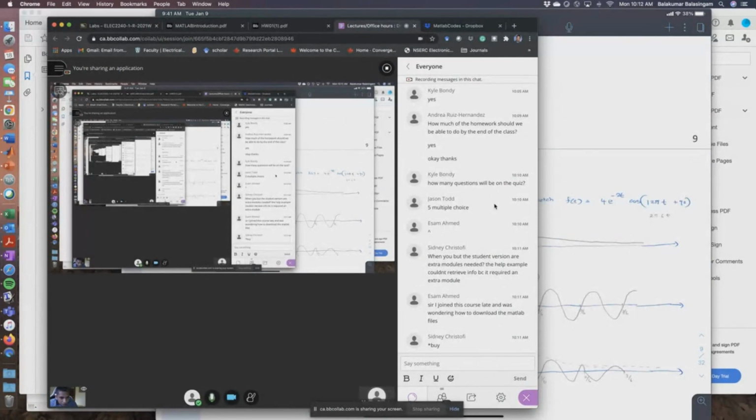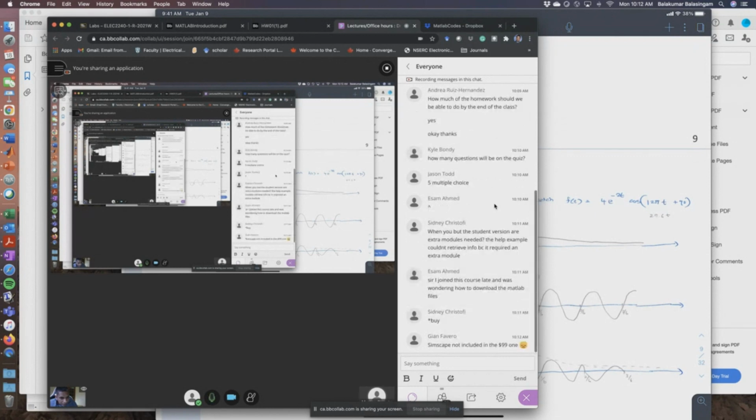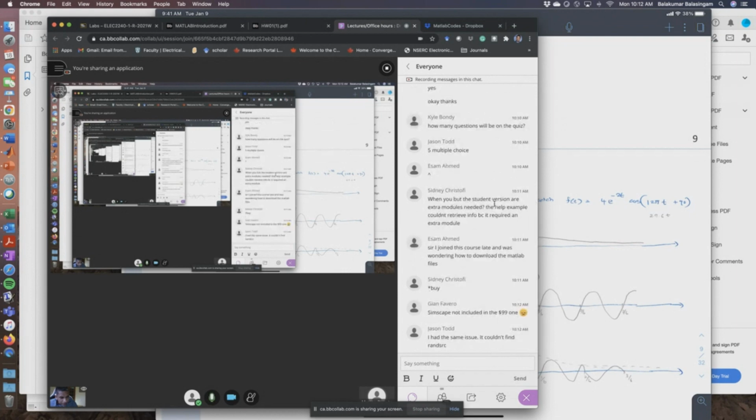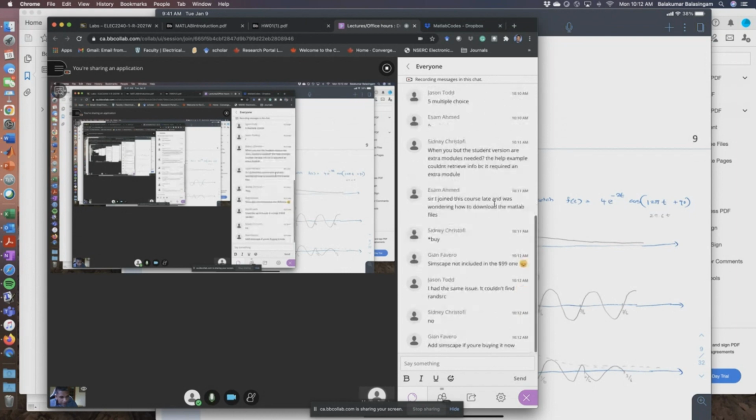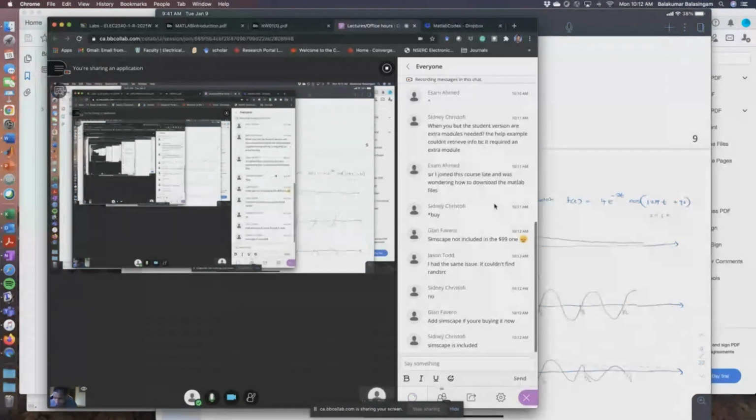two inversions as extra examples. Well, is that true? I thought the $99 version has everything. It has Simulink and Simscape. That's what our technician told me.